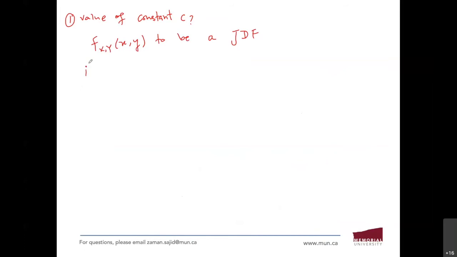The first is that your joint probability distribution should be greater than or equal to 0.